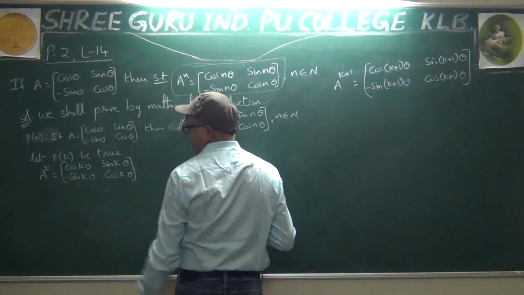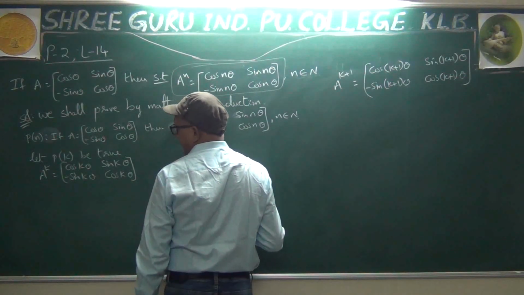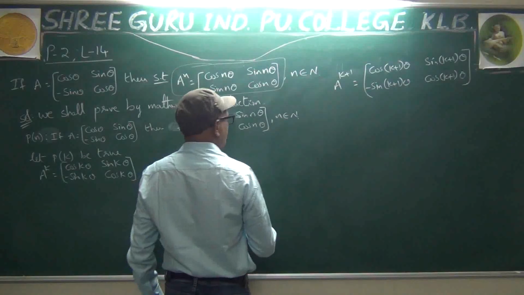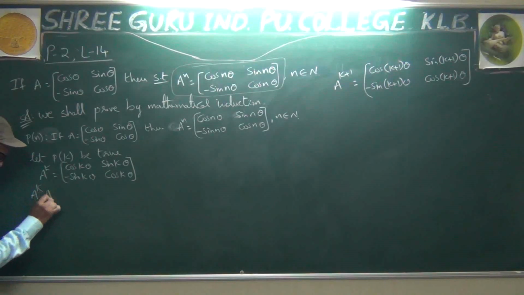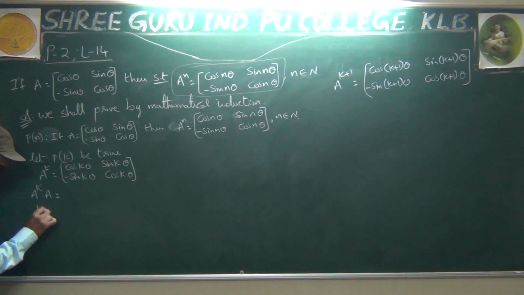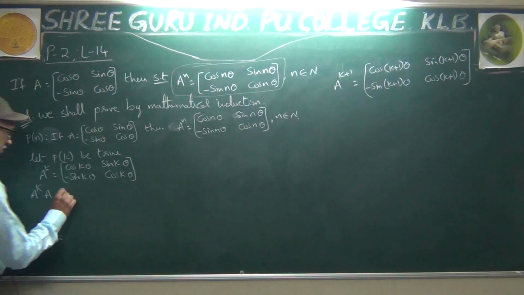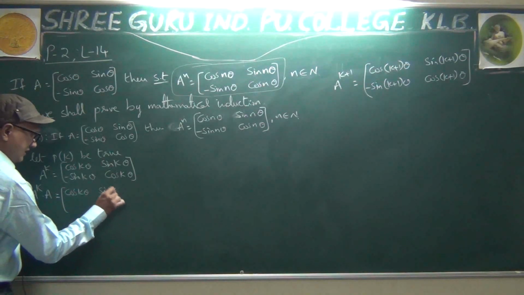Here A power k is there. If you multiply with A on both sides, it becomes like this, right? So this I am keeping as it is, cos k theta, sin.